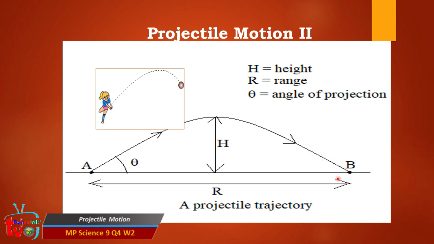And the distance from the point of release to the point where the projectile reaches the ground is called the range, which is denoted as r. To understand better the path of the projectile motion, let us watch this video by Easy Engineering.